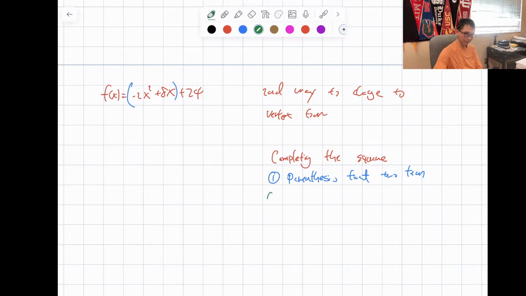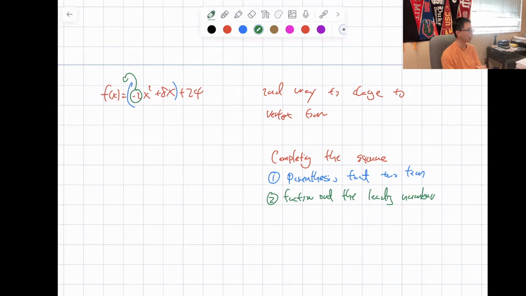Second step, factor out the leading number. Not the GCF, just the leading number. What's the leading number here? -2. Just factor this out. That's it. Just only factor -2 out.